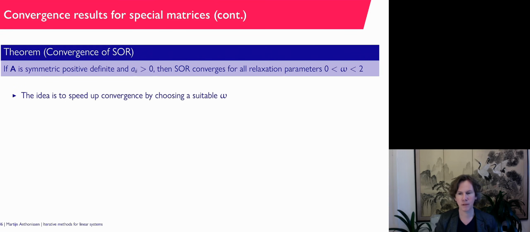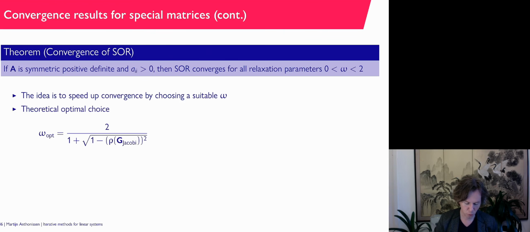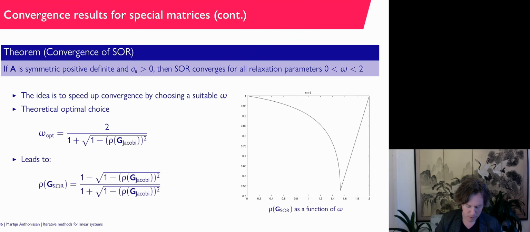Now, the idea for the whole method is to speed up convergence, and we will come to a numerical example in a second that this actually will work. There is a theoretical optimal choice. If you choose it like this, with a horrible formula where the spectral radius of the Jacobi matrix is in there, so usually you don't know that, but what you see is that you get much faster convergence.